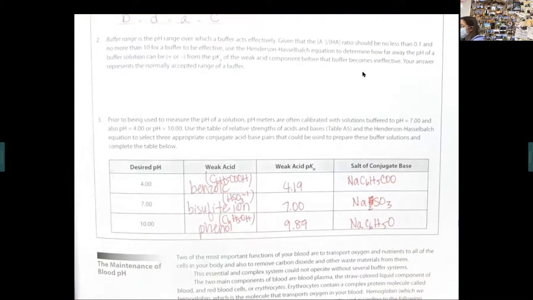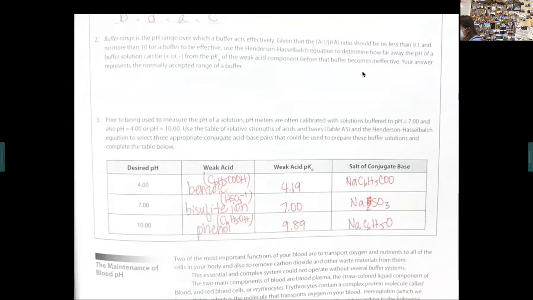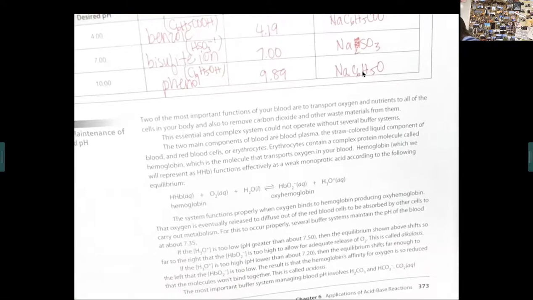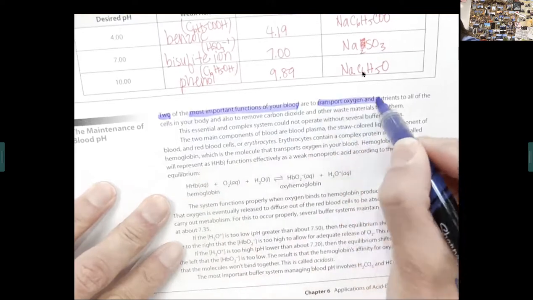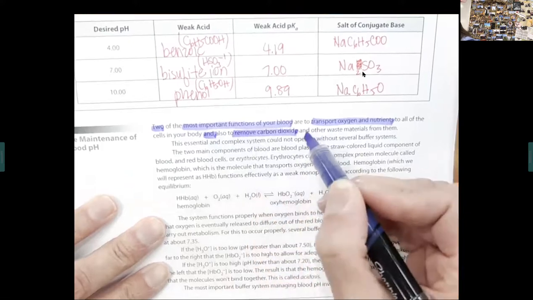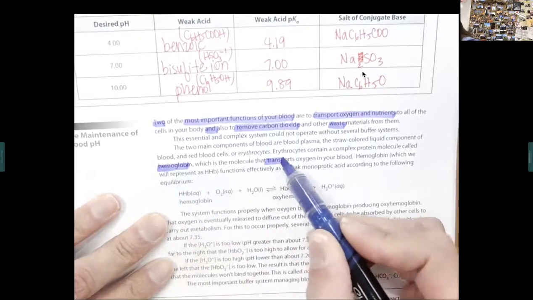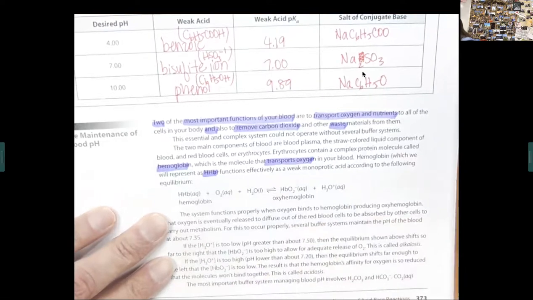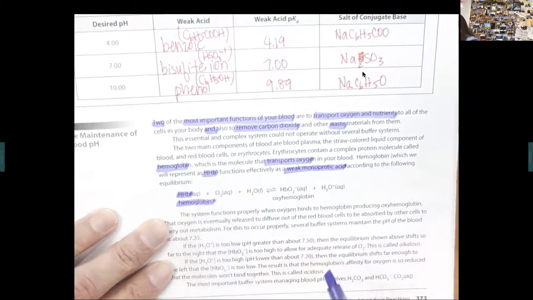Okay. Now we have one last thing to talk about, and that's the maintenance of blood pH. So let's come down here. The 2 most important functions of your blood are to transport oxygen and nutrients to your body, and they also are going to remove carbon dioxide and waste from them. So hemoglobin transports oxygen in your blood, and that is represented by HHb. This is actually a weak monoprotic acid. So here it is in this equation.